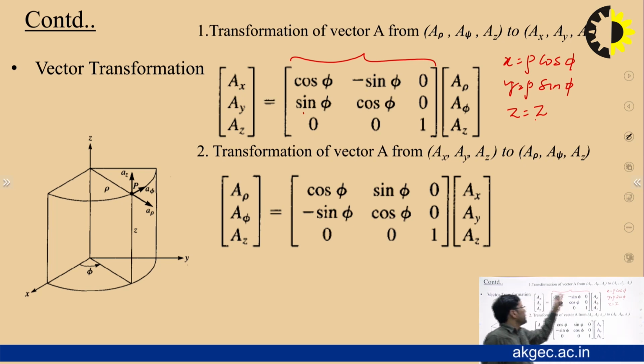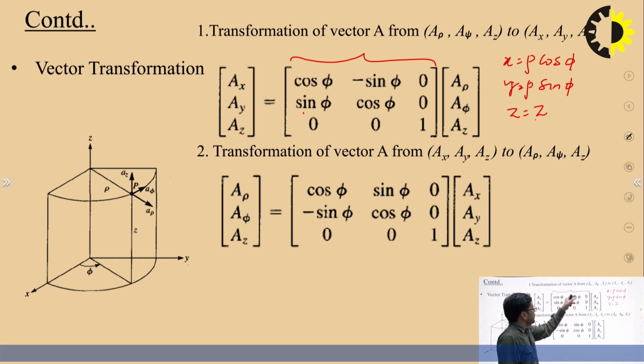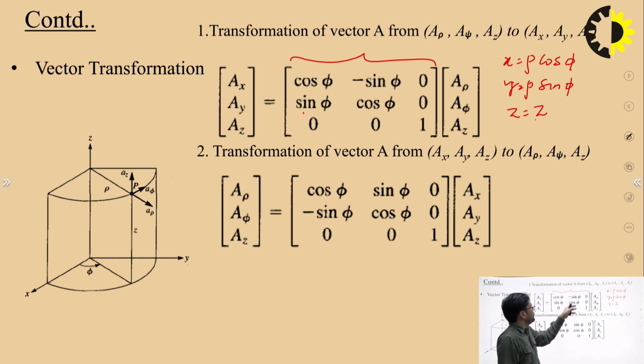coordinate system to the Cartesian coordinate system, right? And vice versa, if you want to convert the Cartesian coordinate system into the cylindrical coordinate system, then the only thing you have to do is change the rows with columns.